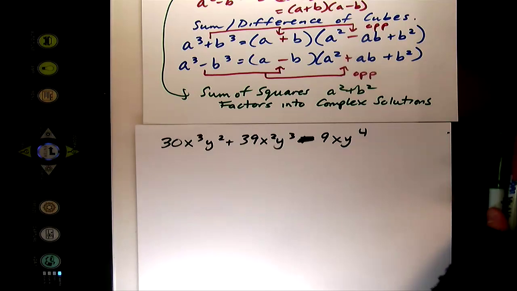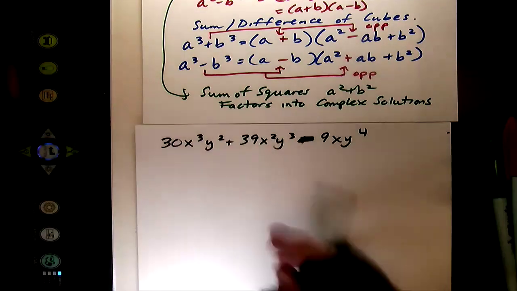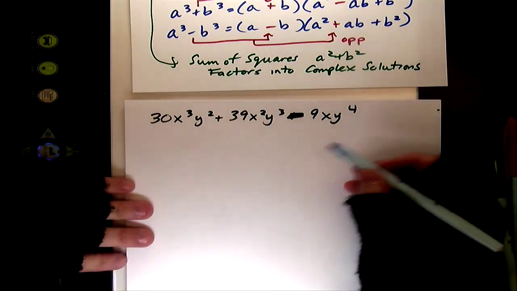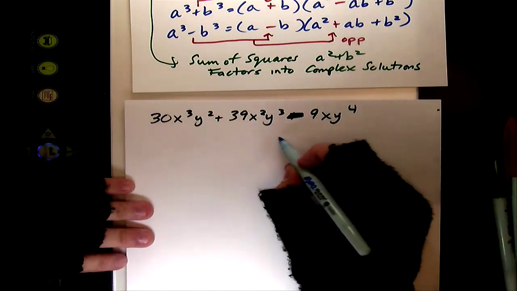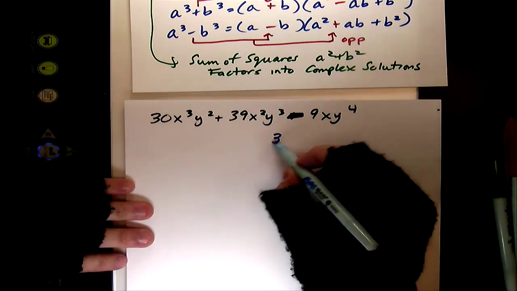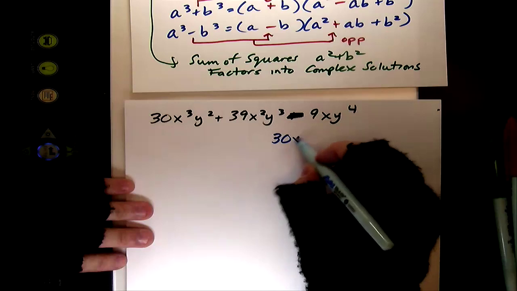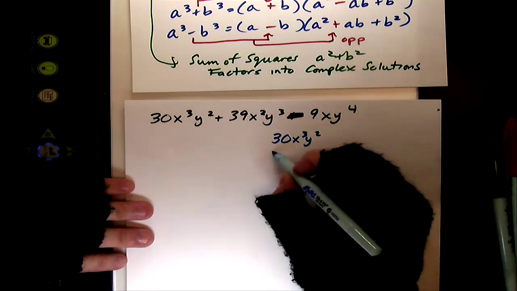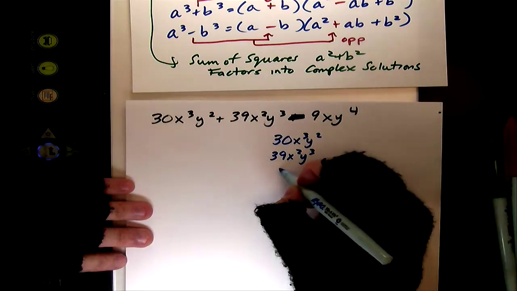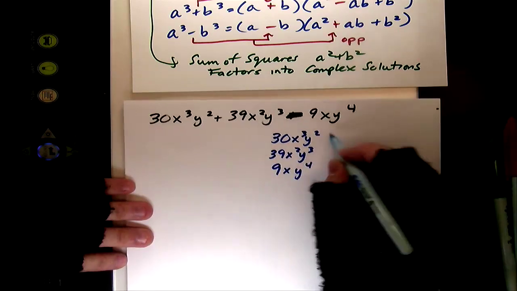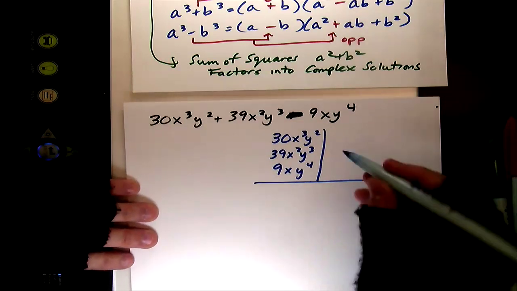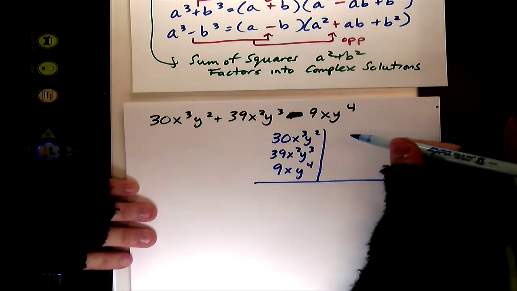Okay, so this could be a pain in the ass to figure out the factors of. But we're looking for the greatest common factor first. A good idea is to factor it. I'm gonna make a little table. I'm gonna do all the coefficients first. 30 is 5 times 6.